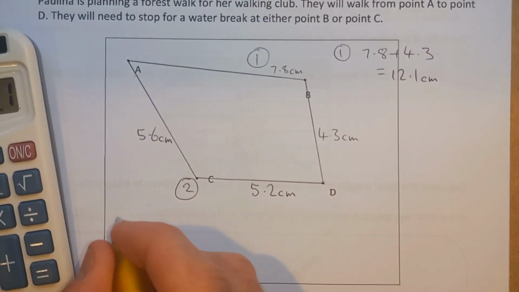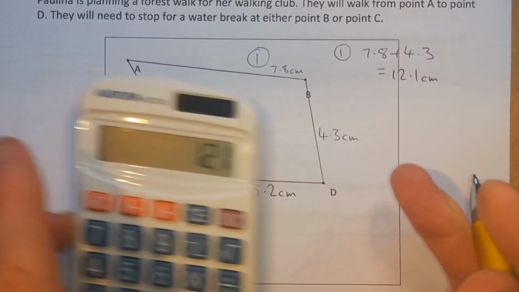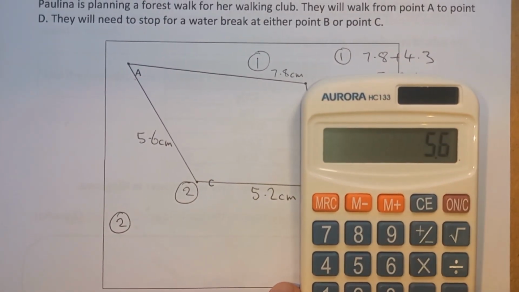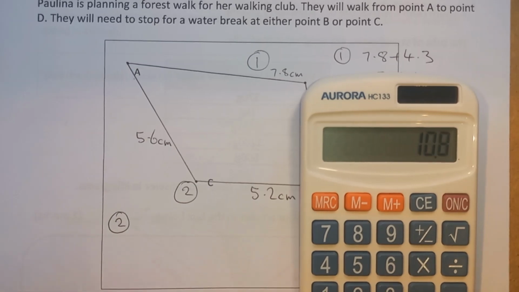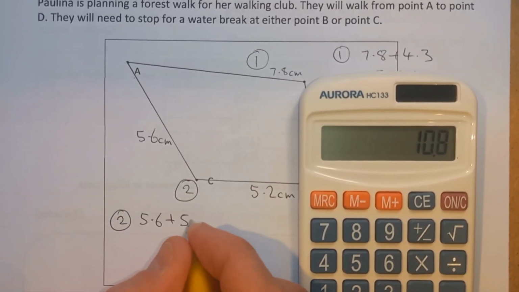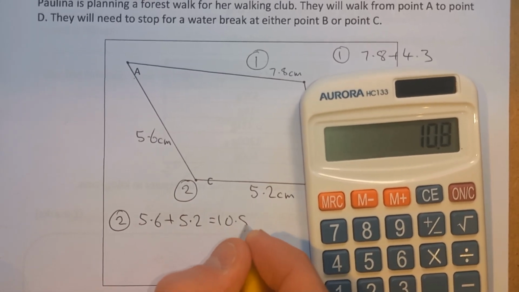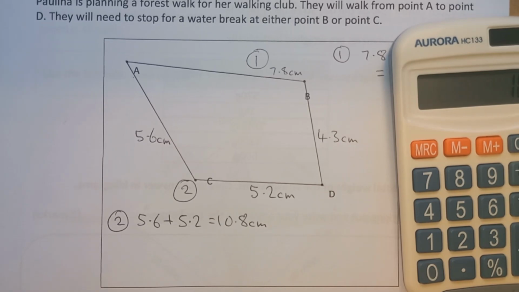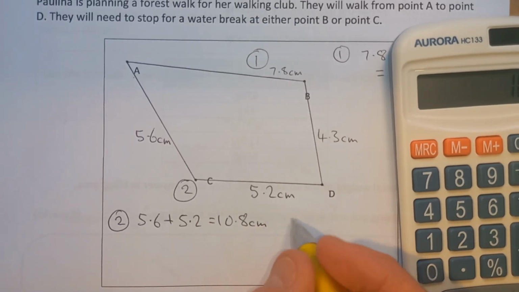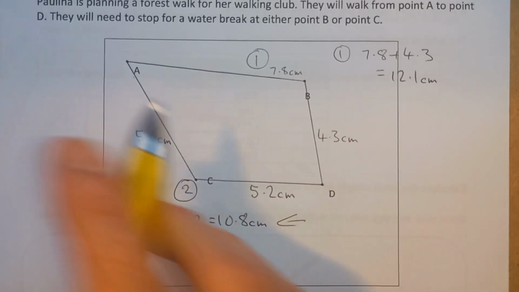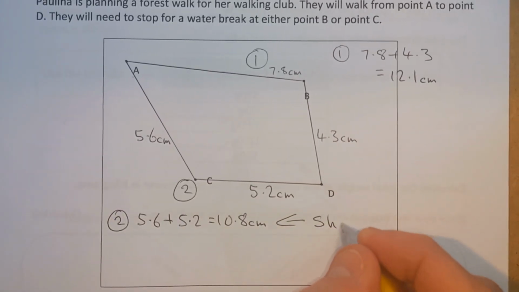And then option 2, we've got 5.6 plus 5.2. Let's write that out in full. And that's 10.8 centimetres. Okay, we want the length of the shorter route, which is this one, because 10.8 is less than 12.1, so that's shorter.